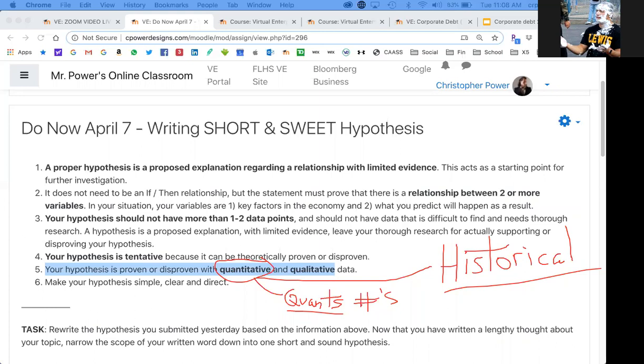Quantitative would be: 80% of students will pass because 20% of the students have not submitted more than 90% of their work. Qualitative would then be: students that fail don't care about their education.